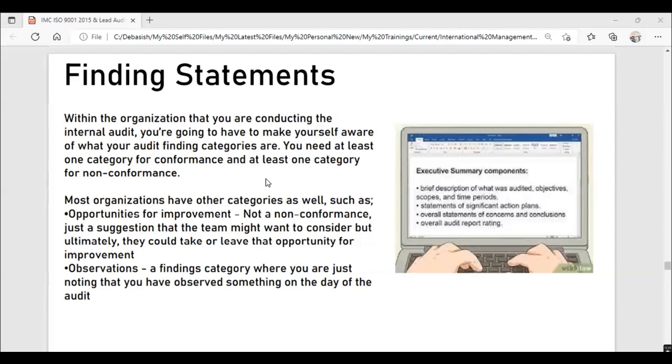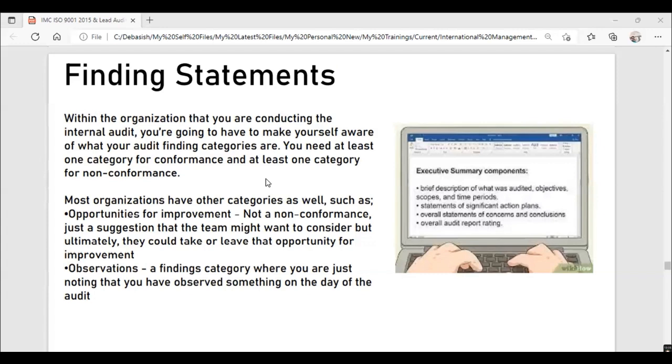Most organizations have other categories as well, such as opportunities for improvement. It is not exactly a non-conformance, just a suggestion that the team might want to consider, but ultimately they could take or leave that opportunity for improvement.